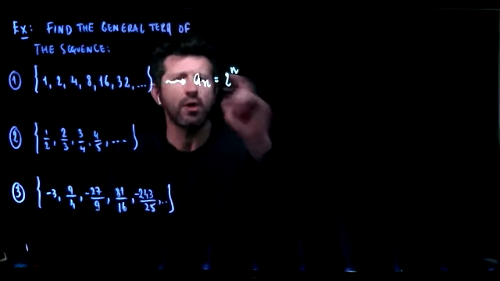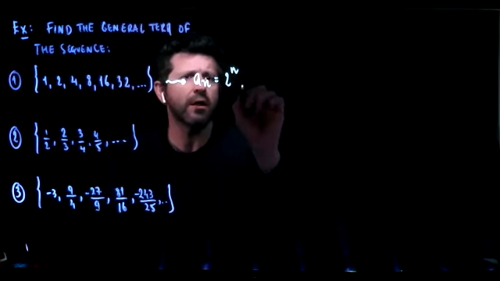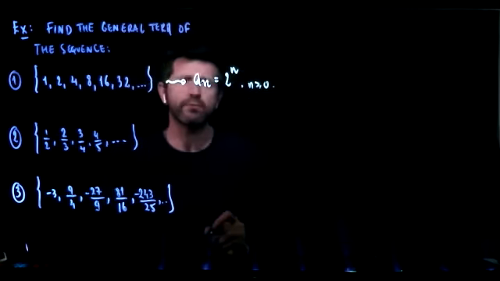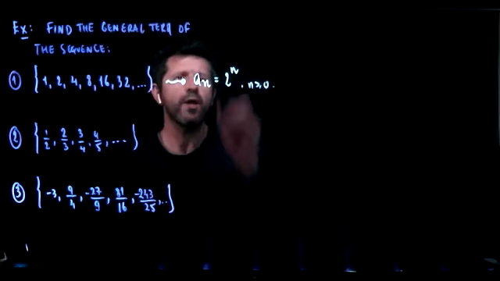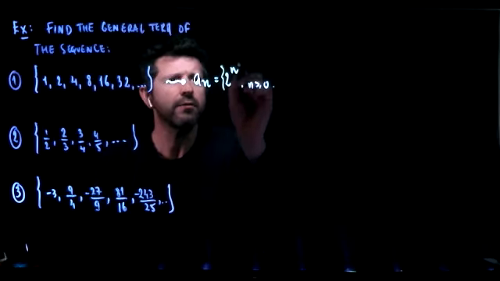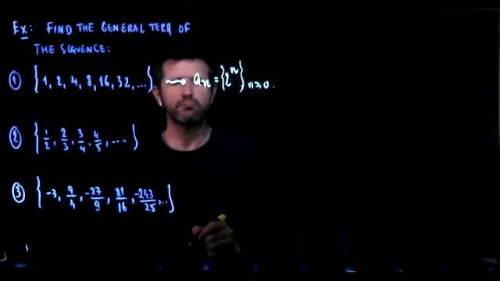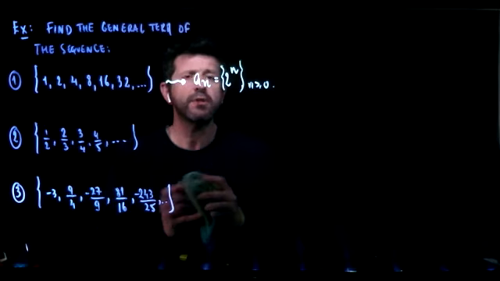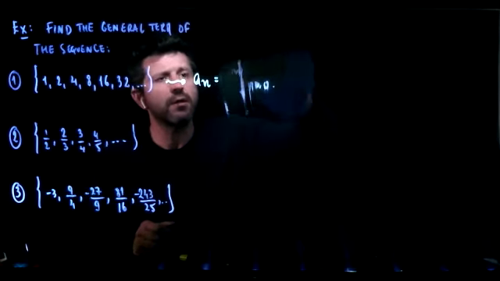So we're going to write it like this, with n greater or equal than 0, if you want. Or you could write it like this. Whatever you want, depending on the book, there are different ways to write it.